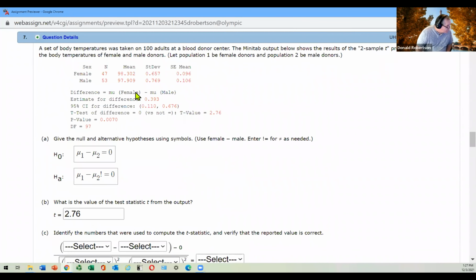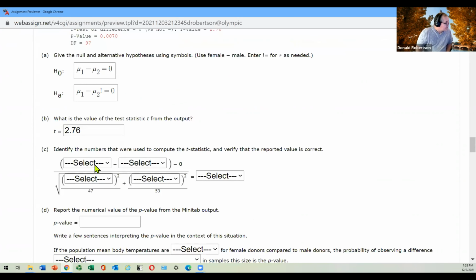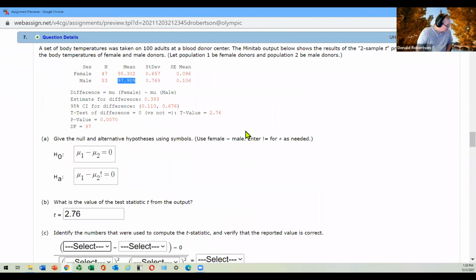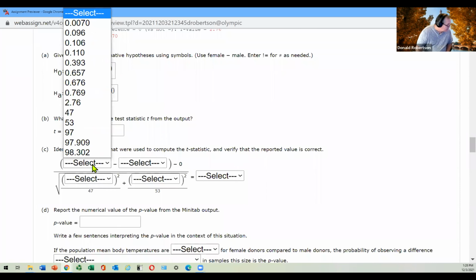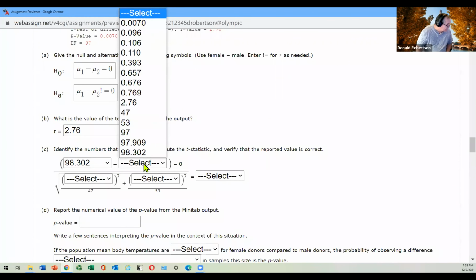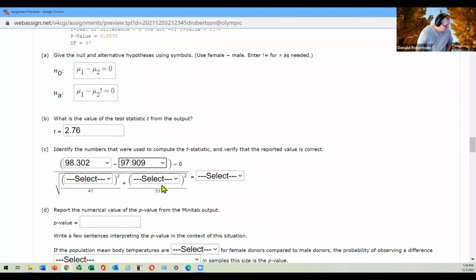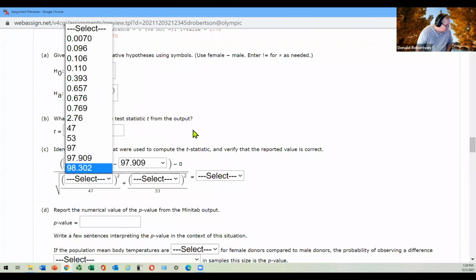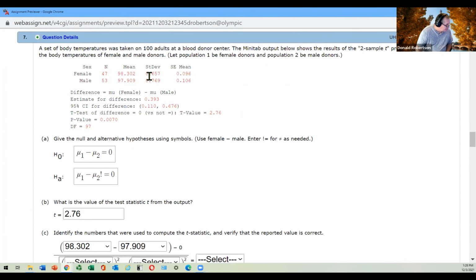So, wouldn't it be x1 bar, which is that guy, take away x2 bar, that guy. So I click on this one, and what do I want? I want the 98 one. So here are the females, here are the males. This box here would be the standard deviation of the female, so 0.657.